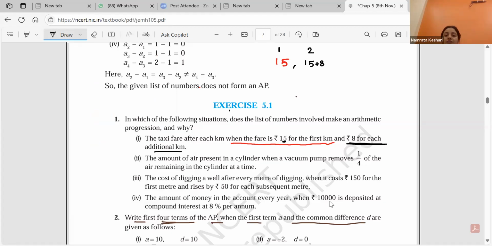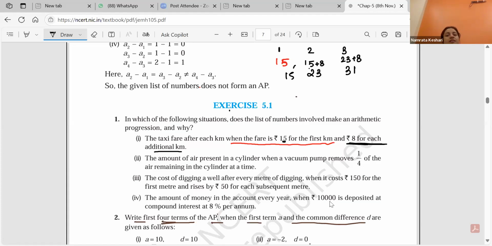At first it is rupees 15 and then for each additional kilometer, rupees 8 is added. So for 2 kilometers it will be 15 plus 8, that is 23. For 3 kilometers it will be 23 plus again 8 added. Everyone getting it? Yes, ma'am.